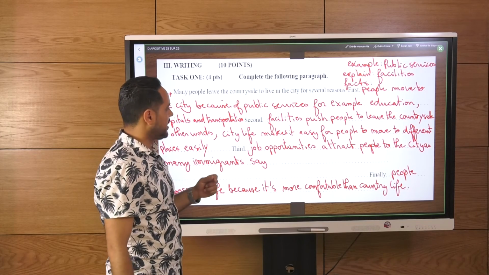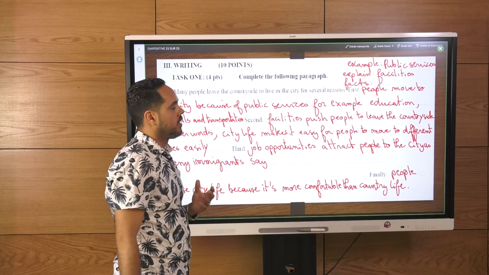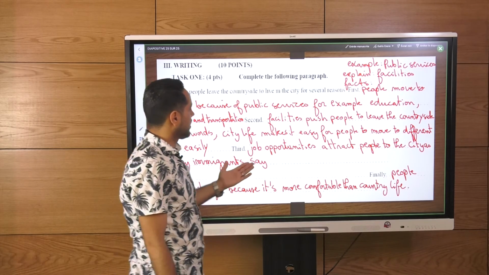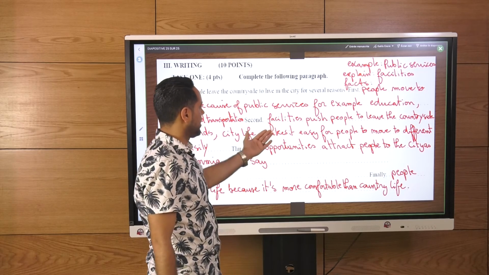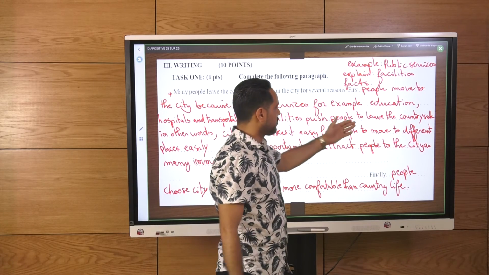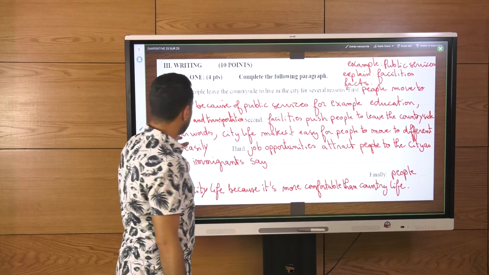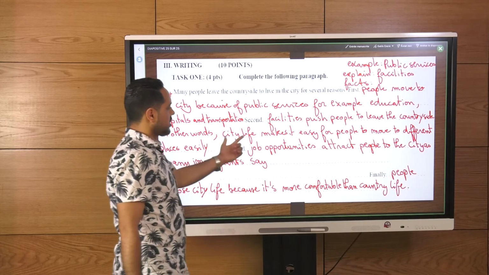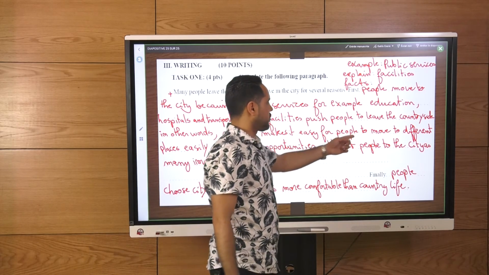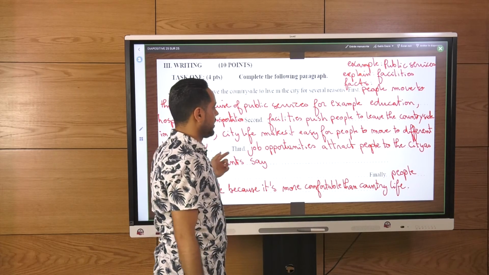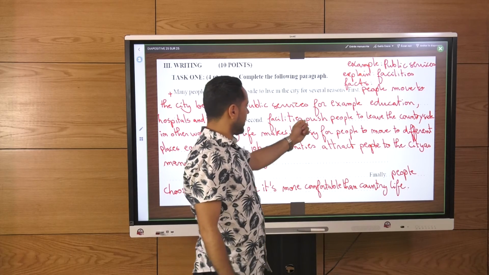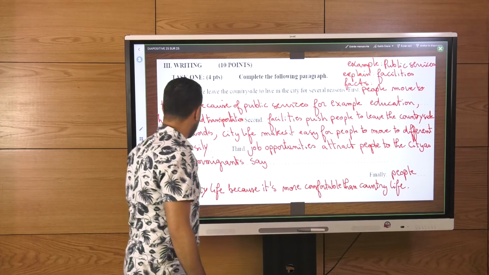Second, facilities. So some people will say, what do you mean by facilities? The next step explains what is facilities. Facilities push people to leave the countryside. In other words, city life makes it easy for people to move to different places easily. So this sentence explains the first sentence.